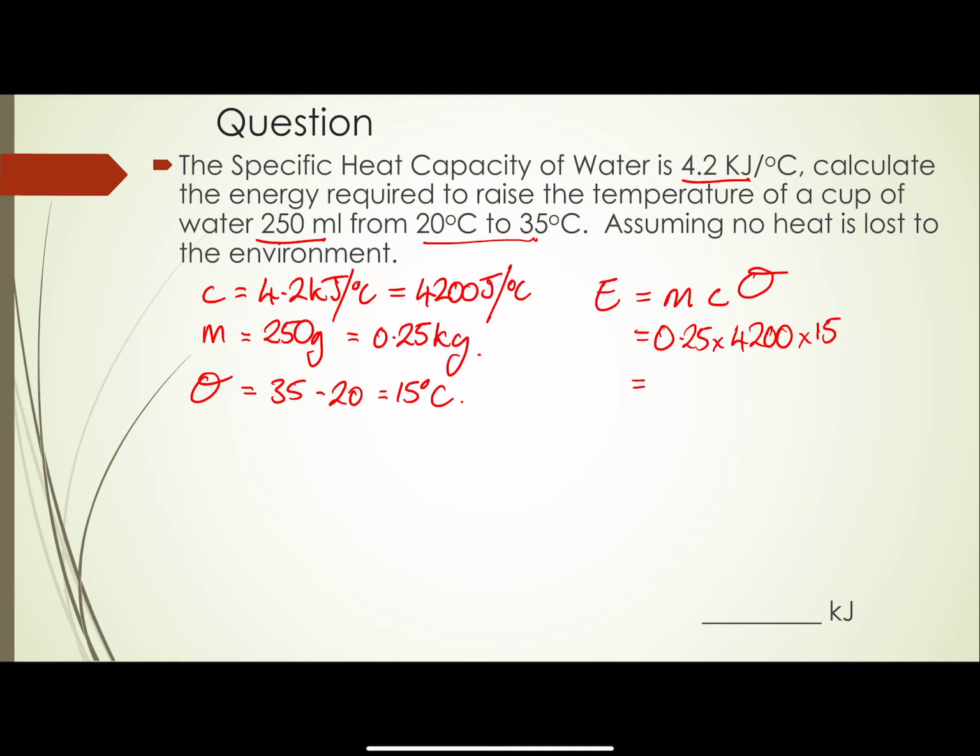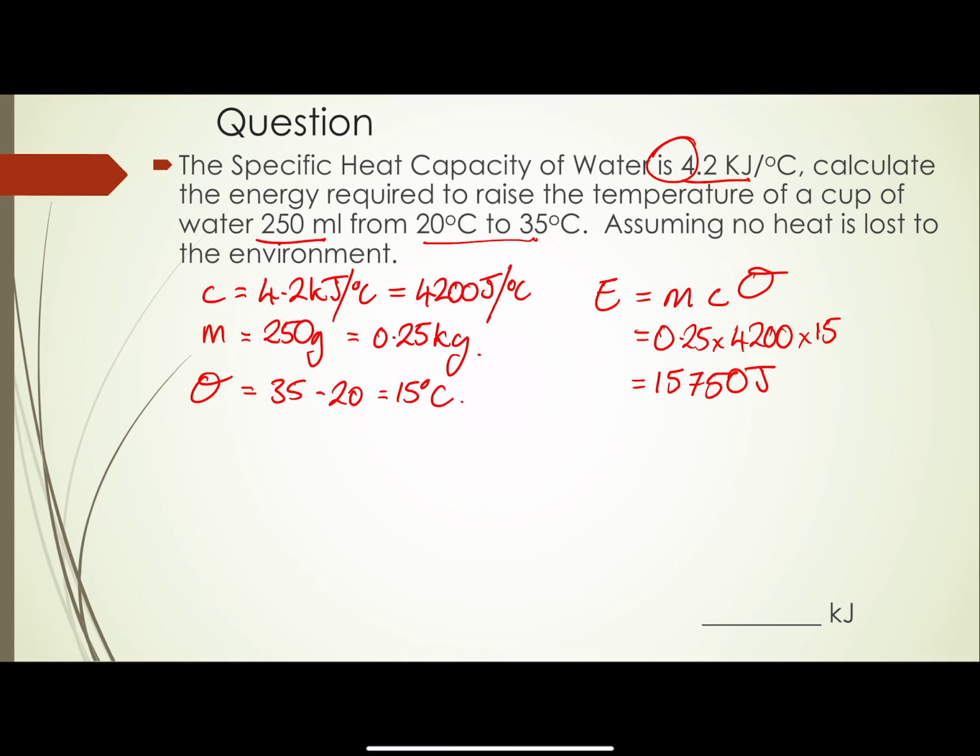So now we've got E equals, and we have to push those numbers into our calculator, and when you do that, you should get an answer of 15,750 joules. Almost there. The next thing we need to do is write this to the correct number of significant figures, and you should look at your question to get that, if it doesn't tell you already.